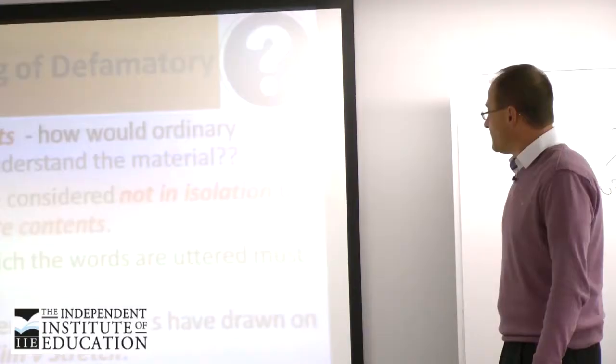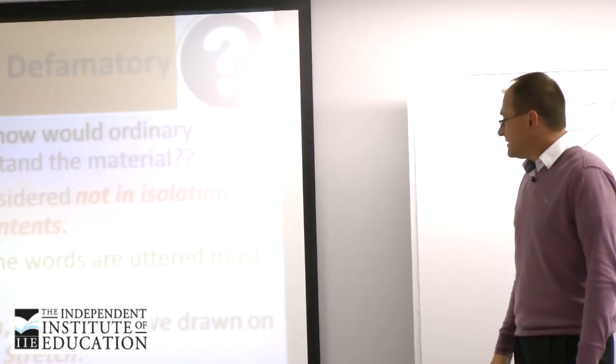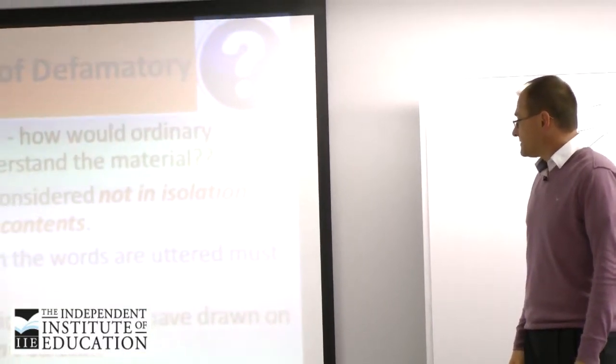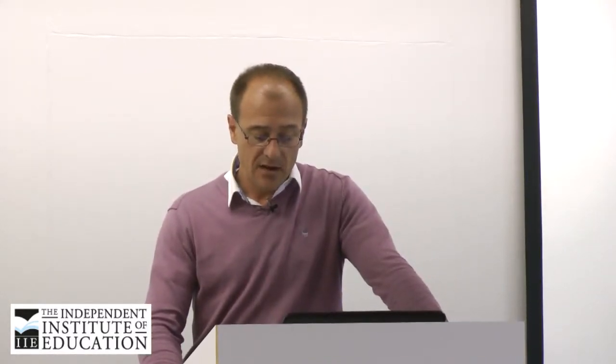In this specific case, it said: would the words tend to lower the plaintiff in the estimation of right-thinking members of society in general? So that is the benchmark criterion which is used in our courts, this English case, the Stretch case.